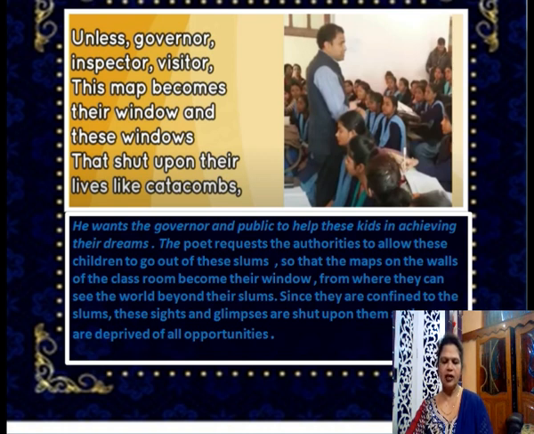Since they are confined to the slums, and this is a reality, they are born in the slums, they are surviving and they will die in the slums. So, since they are here, these sights and glimpses are shut upon them as they are deprived of all the opportunities.